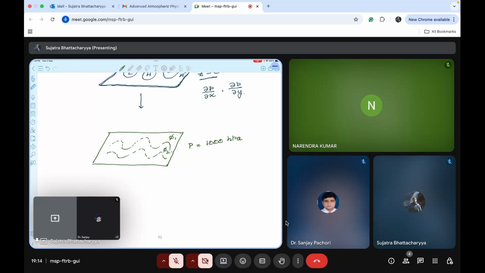So this is again x, this is again y. This will remain same. Only thing is that we will have delta phi delta x, delta phi delta y. This is the only change when you use the constant pressure surface. Okay, so this is one of the things.